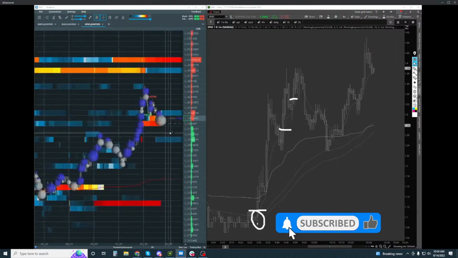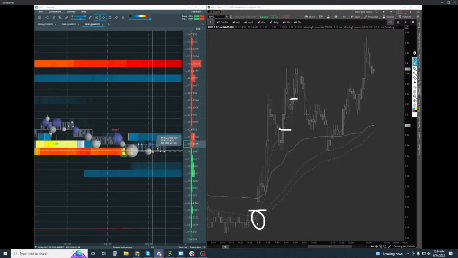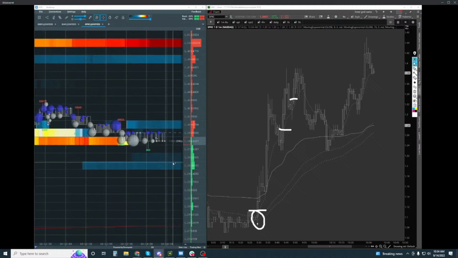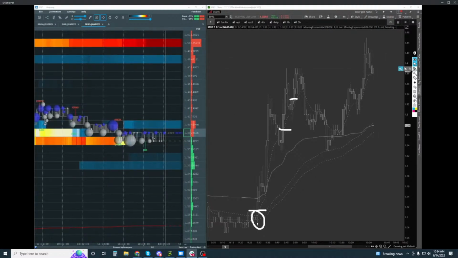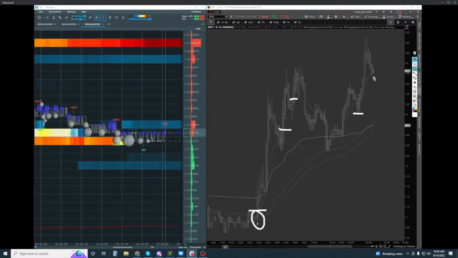We can see they're trying to sell into the support. Some liquidity at 135, 136. This is still bullish, still making higher lows.